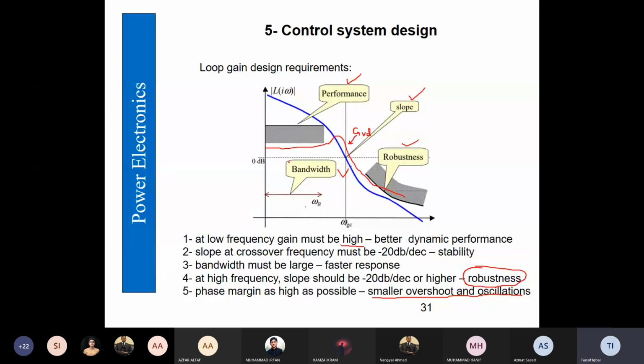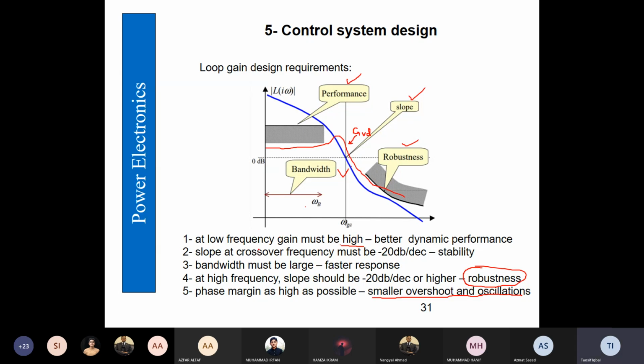Let's first discuss the design requirements, and then use MATLAB to implement how we are going to get a loop gain equivalent to the blue line, which is desired as far as performance is concerned.